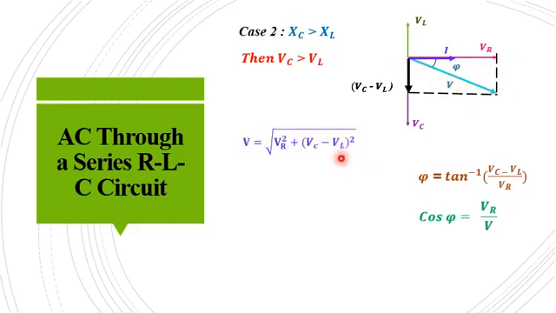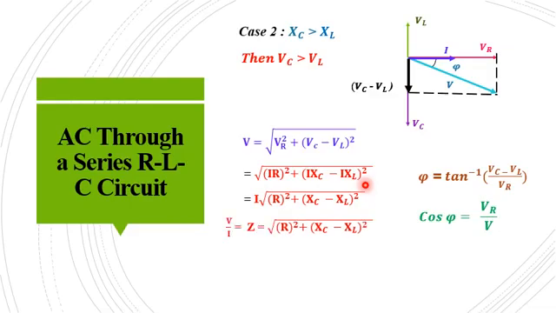Now the equation for the resultant voltage V will be equal to root of VR square plus (VC minus VL) the whole square. That is equal to root of (IR) the whole square plus (I XC minus I XL) the whole square. That is equal to I into root of R square plus (XC minus XL) the whole square.